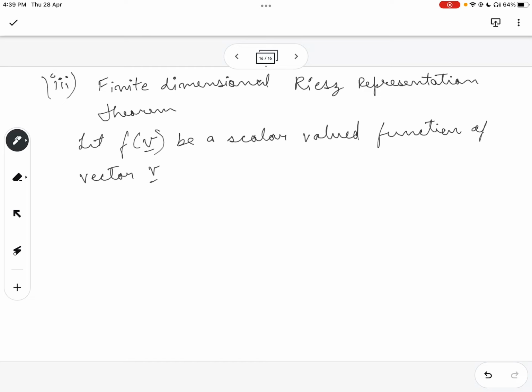Scalar valued means that f of v is a scalar. That for a vector v belonging to the n-dimensional Euclidean vector space, f of v gives us a scalar which belongs to the set of real numbers.